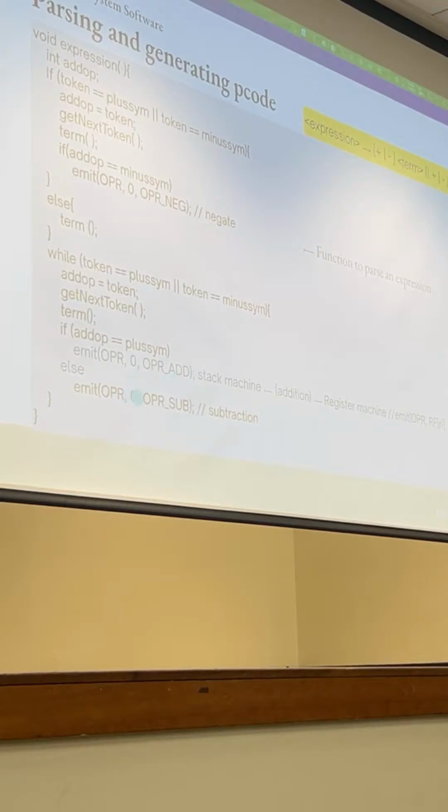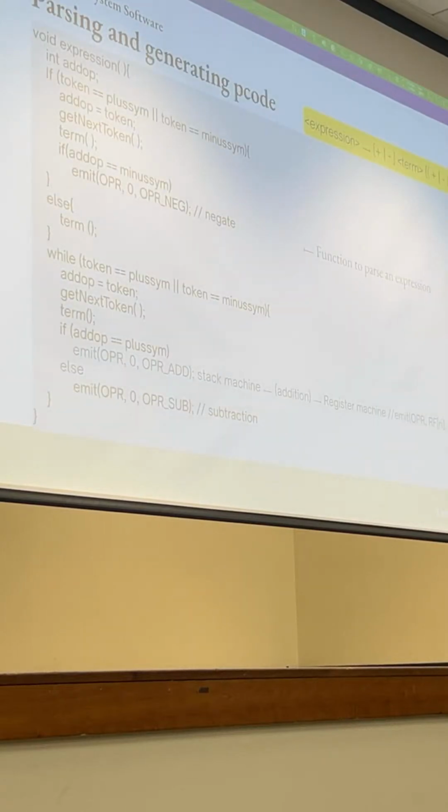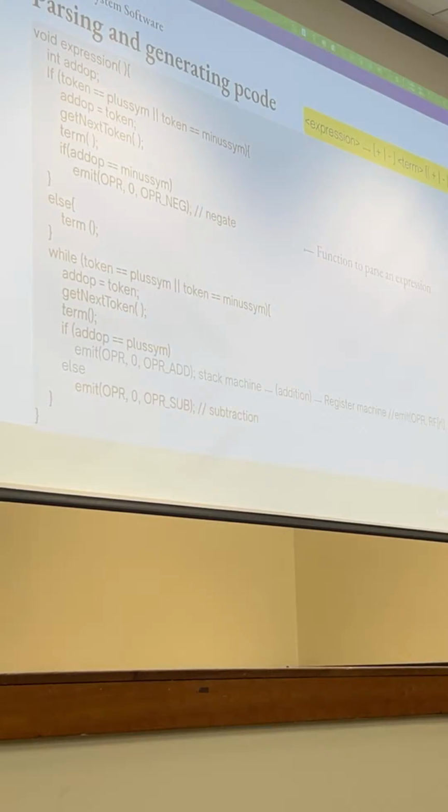And if it's the minus symbol, we emit the minus instruction. And then we come back to the question of emitting. What exactly is emitting? Is it emitting the instruction directly to a terminal, or emitting that instruction directly to the ELF file, or something else? Is it emitting the instruction to a temporary array to save all kinds of instructions?